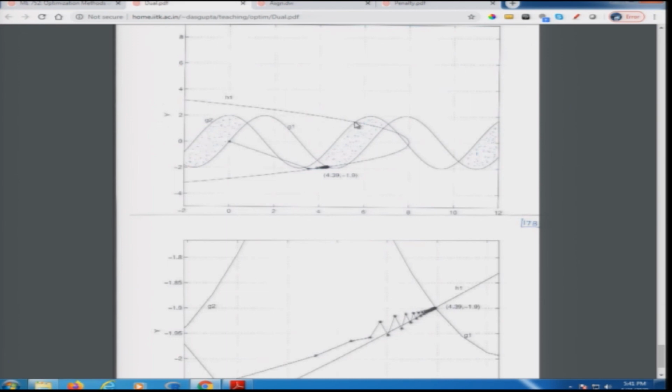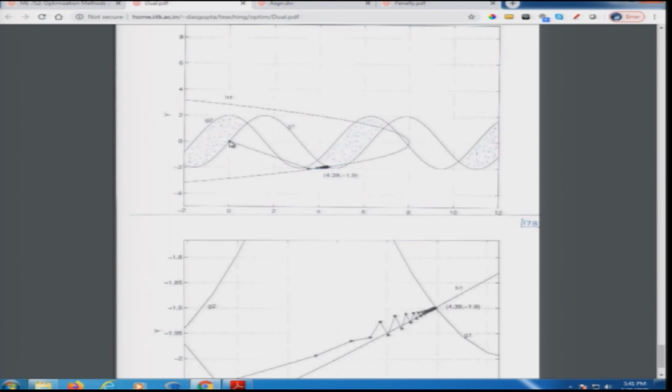So, there are two segments of the feasible domain, one is this to this, another is this to this. Everything else is infeasible, outside this because it is not satisfying the inequality constraints, and anywhere outside this curve because it is not satisfying the equality constraint.